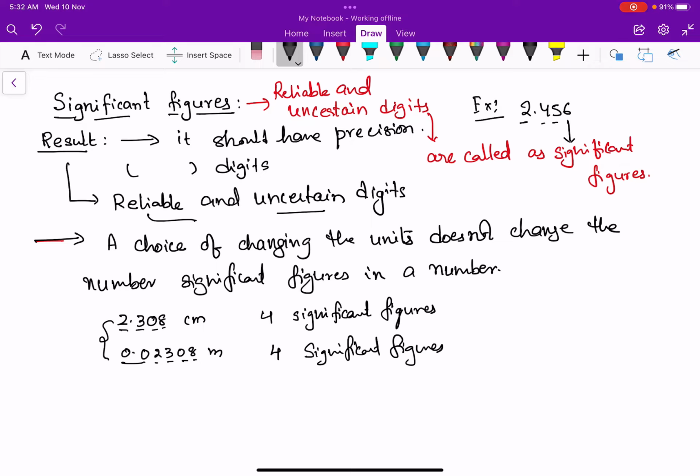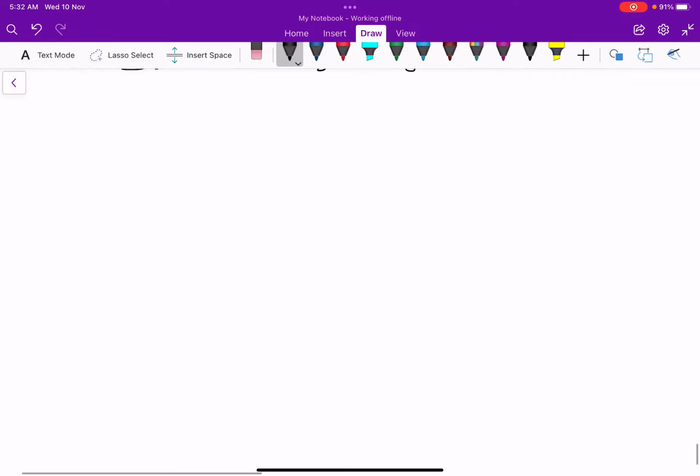Now let us see the significant figures rules for decimal and non-decimal numbers separately, and we also see the rules of arithmetic operations like addition, subtraction, as well as multiplication, division. The important one, most probably asked in examinations, is counting of significant figures.